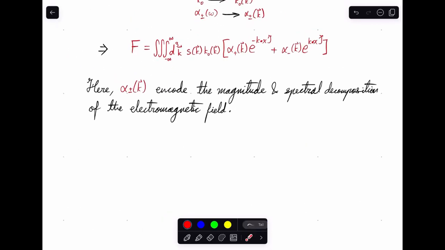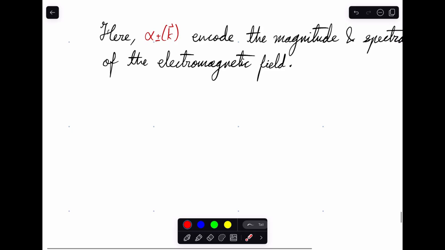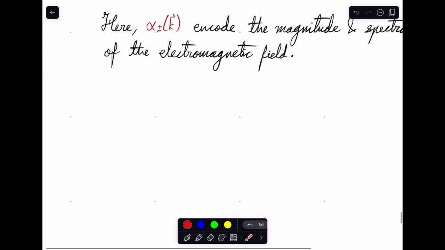So what that means is that this is still a unit vector. This is still just a pure direction. So all of the magnitudes of the fields are included in these right here. So the magnitude of each field is here. And what it means by its spectral decomposition is, for each magnitude, what the frequency of that particular magnitude would be. So how it decomposes into its spectrum of color. That's what this is.